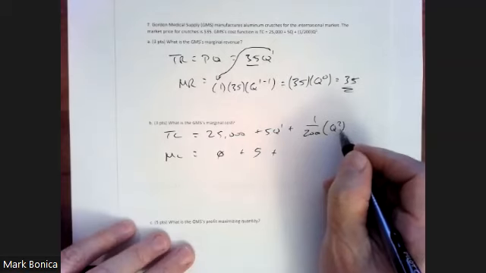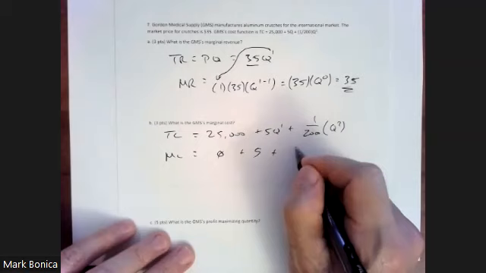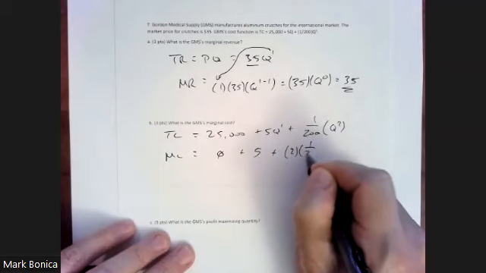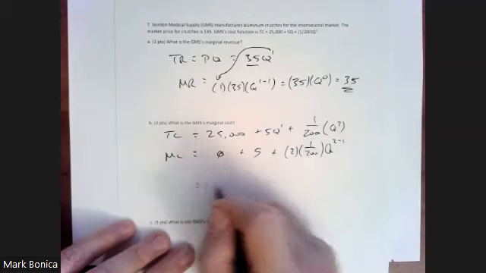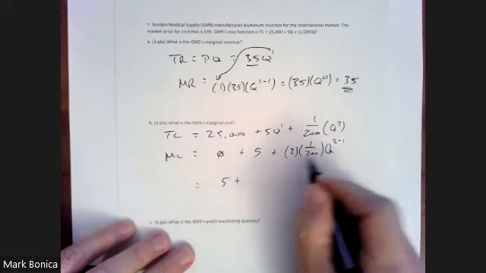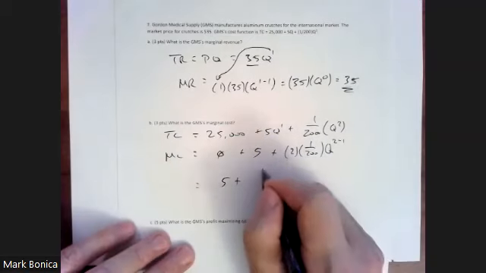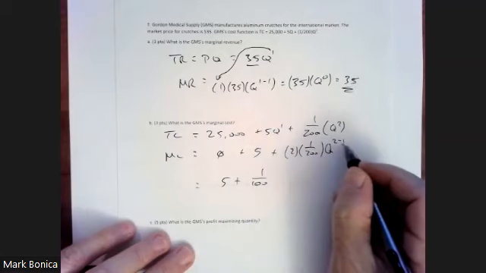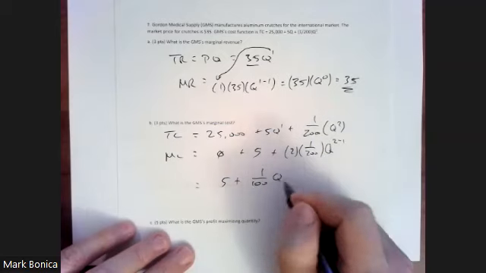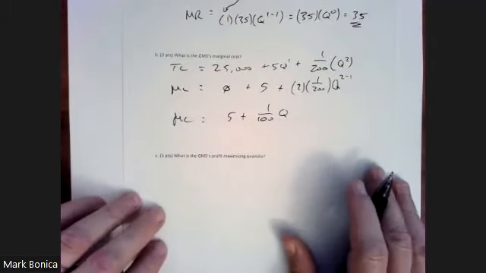For this term, I bring the 2 down. So 2 times 1 over 200 Q to the 2 minus 1. So I've got 5 plus 2 times 1 over 200 is 2 over 200, or 1 over 100. And then Q to the 2 minus 1 is just Q. So the marginal cost is 5 plus 1 over 100Q.